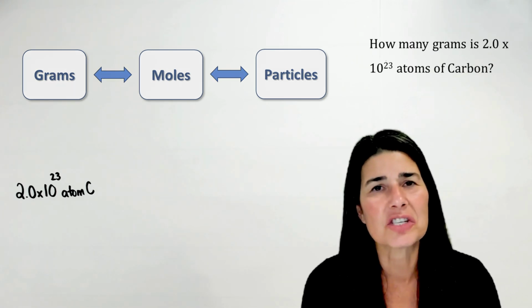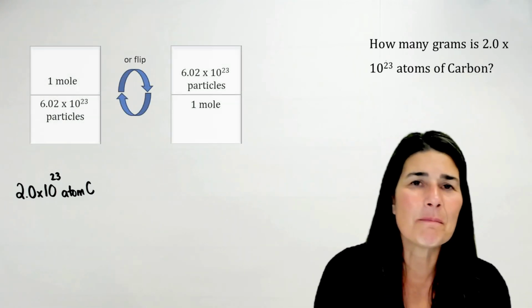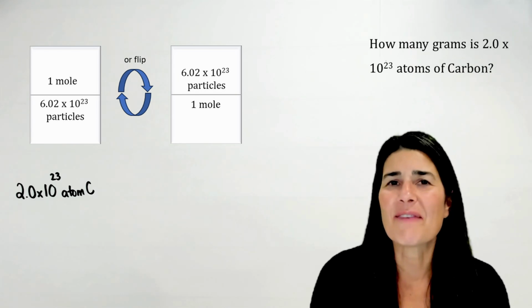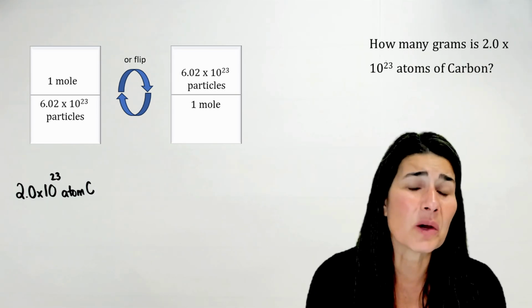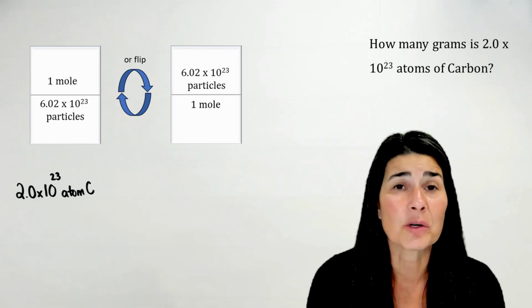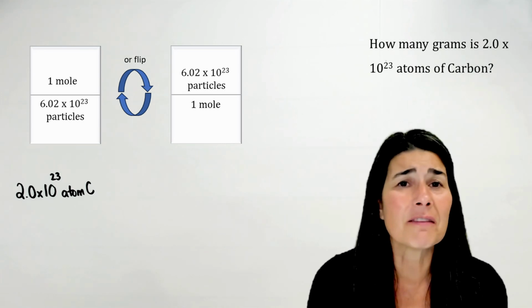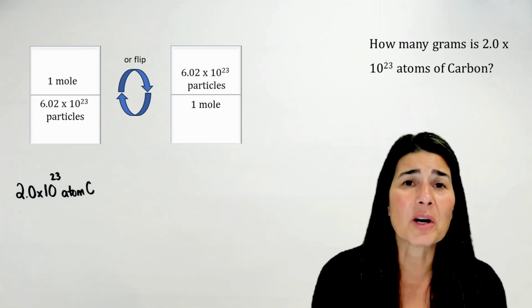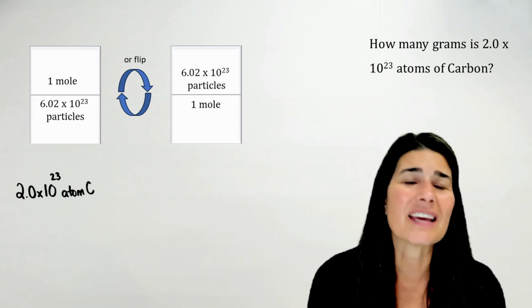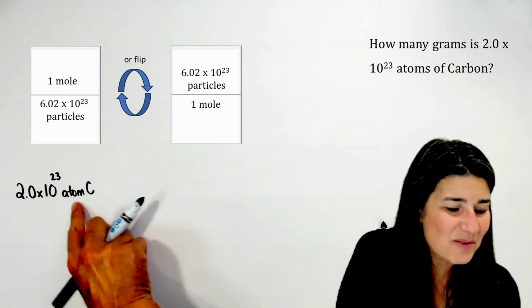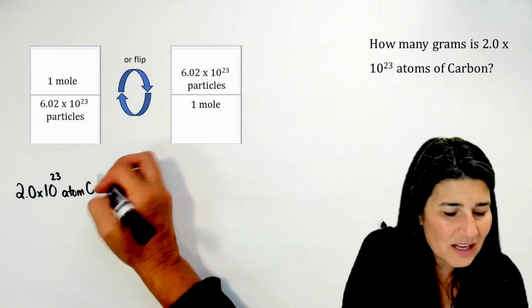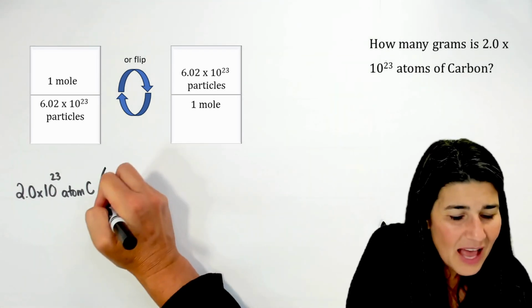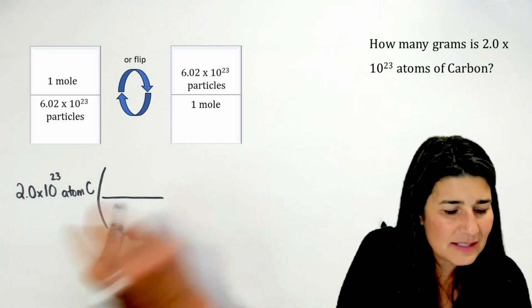I know a relationship between particles and moles. 1 mole of any substance is 6.02 times 10 to the 23rd particles. That means I have a conversion factor between particles and moles. I'm going to pick a conversion factor where I get rid of particles, get rid of atoms. So I don't want units of atoms.